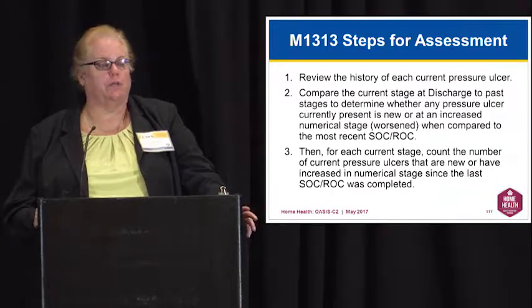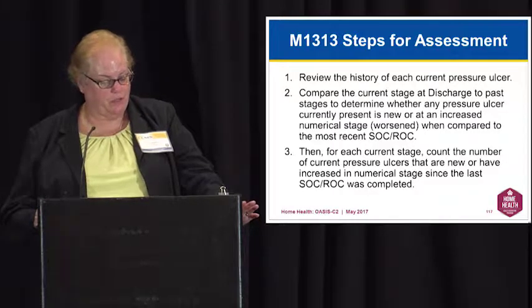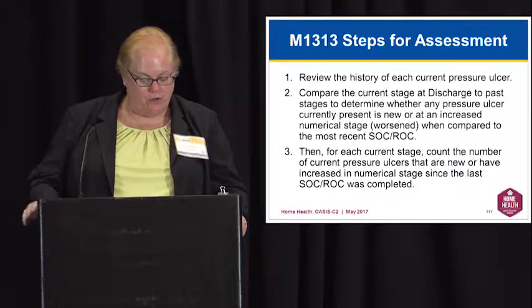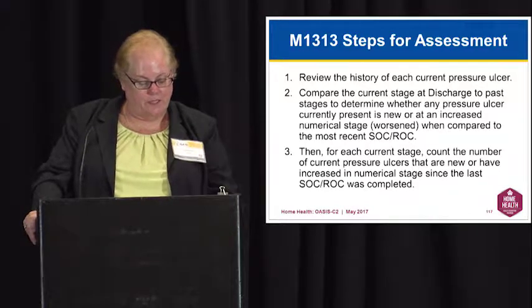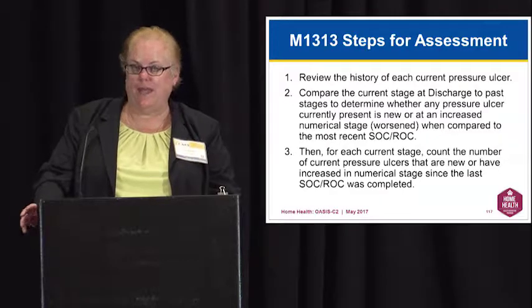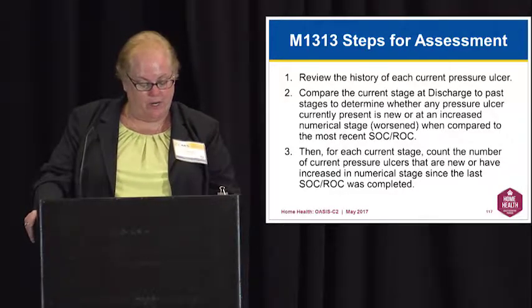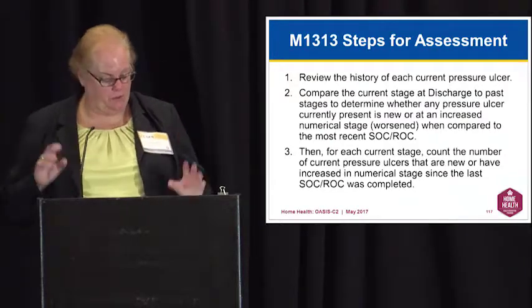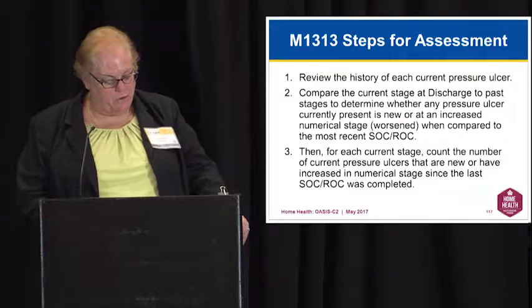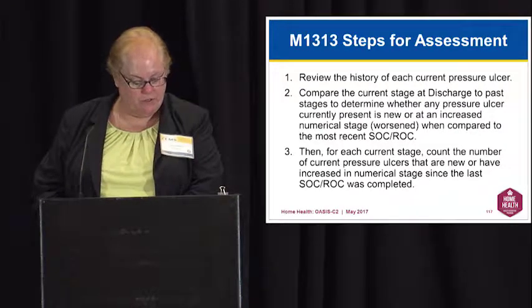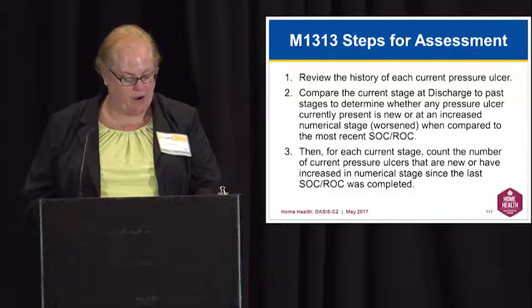This is where it's really important to understand what you actually coded at your SOC/ROC. Compare the current stage at discharge to past stages to determine whether the pressure ulcer you see now is new or at an increased numeric stage, worsened, when compared to the SOC/ROC. So this is a comparison measure between the two. Then for each current stage, count the number of current pressure ulcers that are new or have increased in numeric stage since the last SOC/ROC was completed.